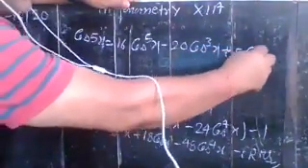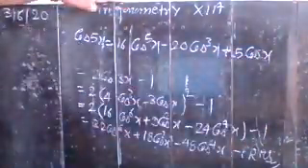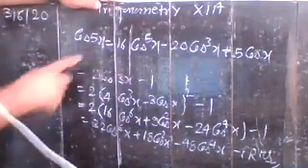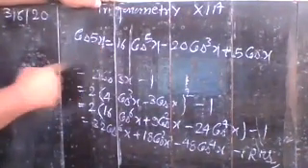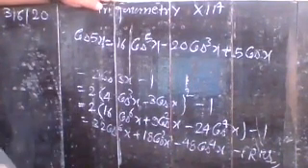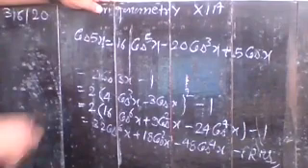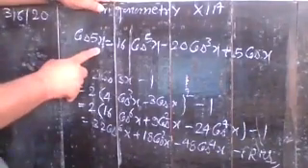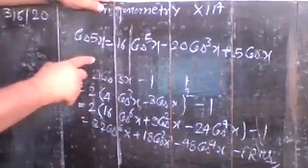In this way. So here you reduce it. Means 5x can be written as 2x plus 3x. Here you can write 5x is equal to 2x plus 3x.